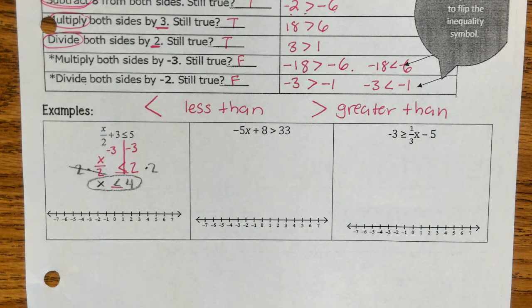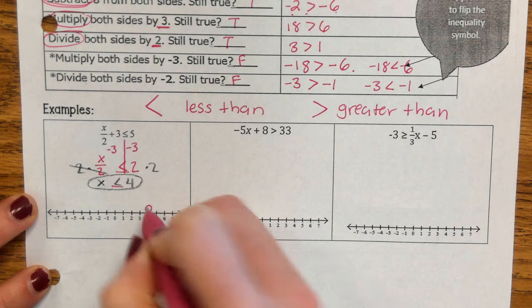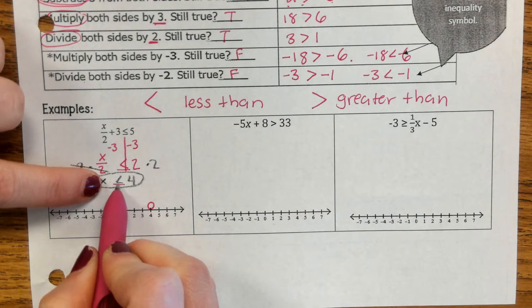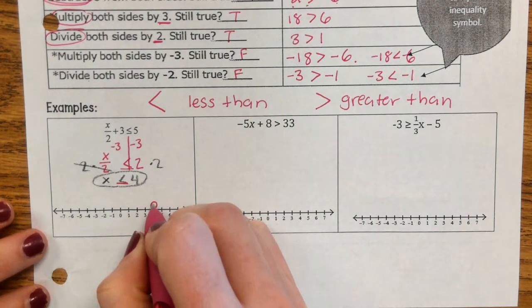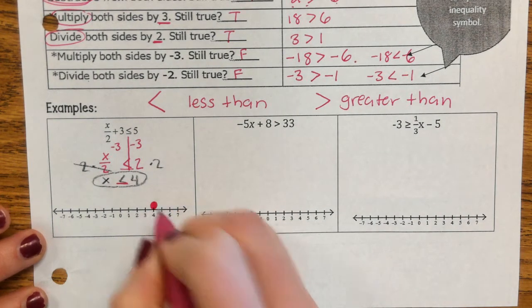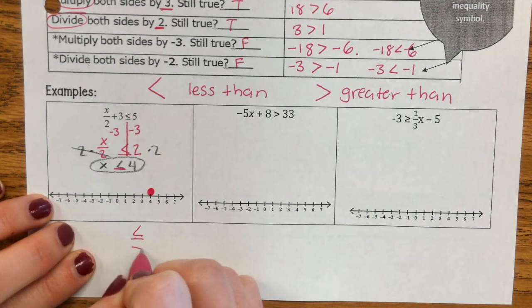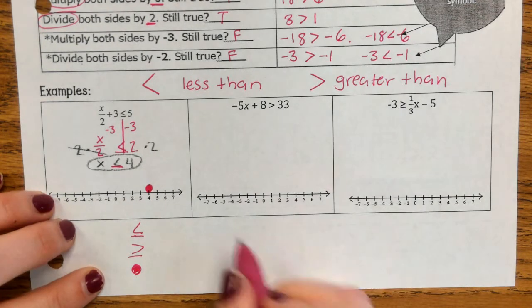When I put a circle down, I put a circle on 4. Because there's an extra line underneath my inequality sign, that extra line, I remember, needs to fill in the circle. So less than or equal to or greater than or equal to gets a closed circle.